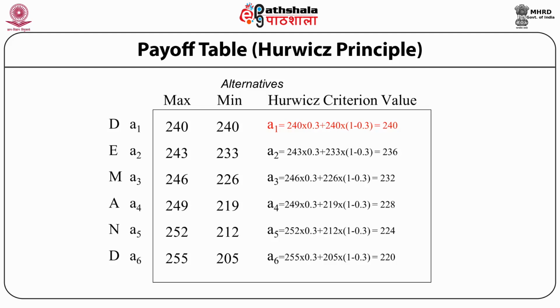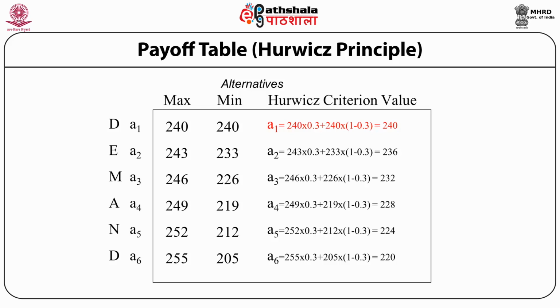Now maximum payoffs corresponding to every outcome are multiplied by 0.3 and minimum payoffs are multiplied by 0.7. In this way I can do the calculation for all maximum and minimum payoffs, and the alternative for which the value of Hurwicz criterion comes to maximum, obviously we will go with that alternative.